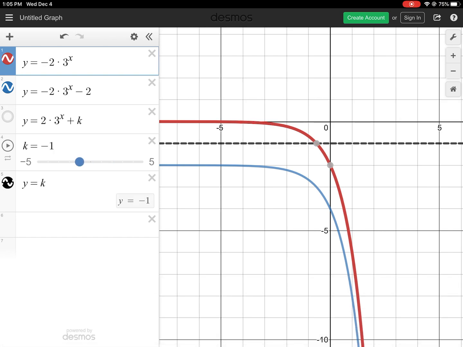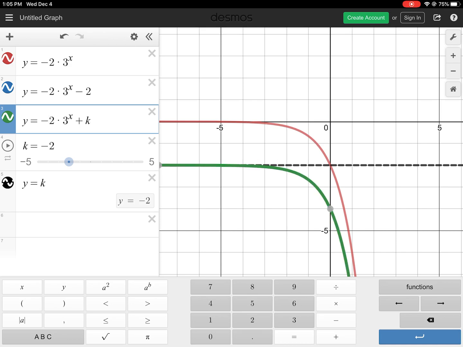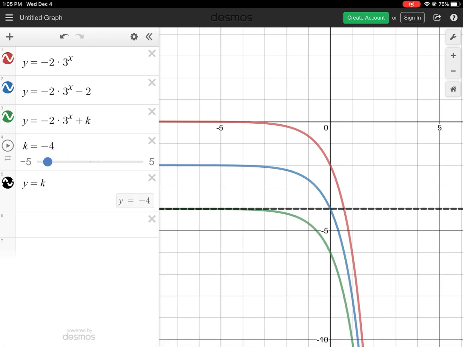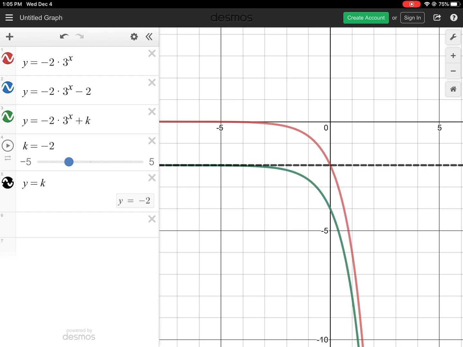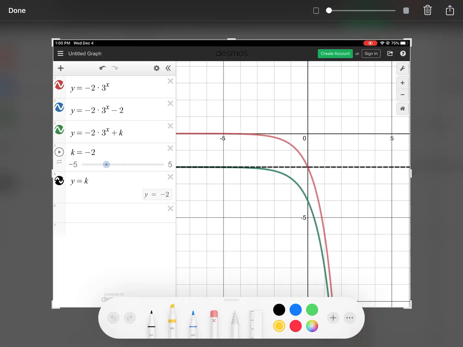By shifting it down, the other idea here is that from the asymptote to its start, that was -2.